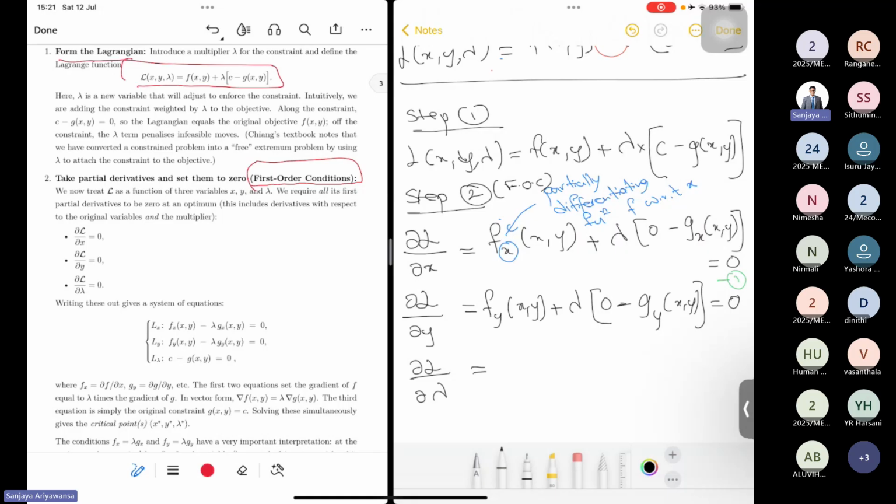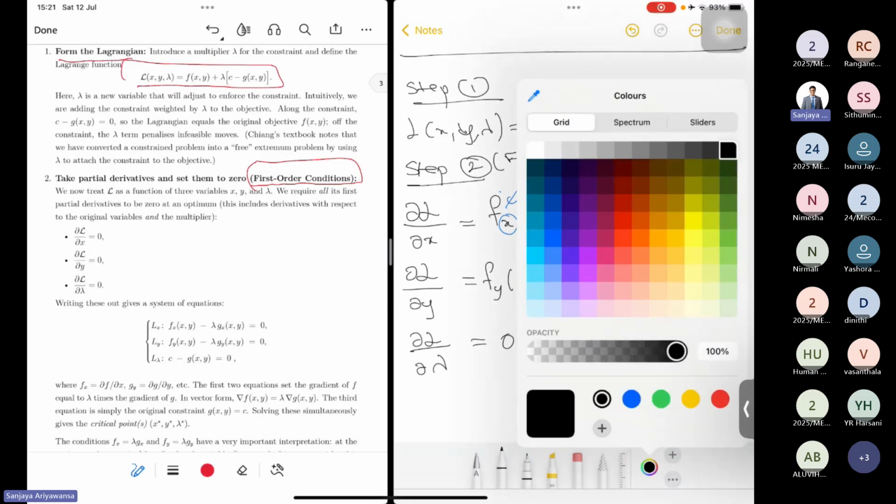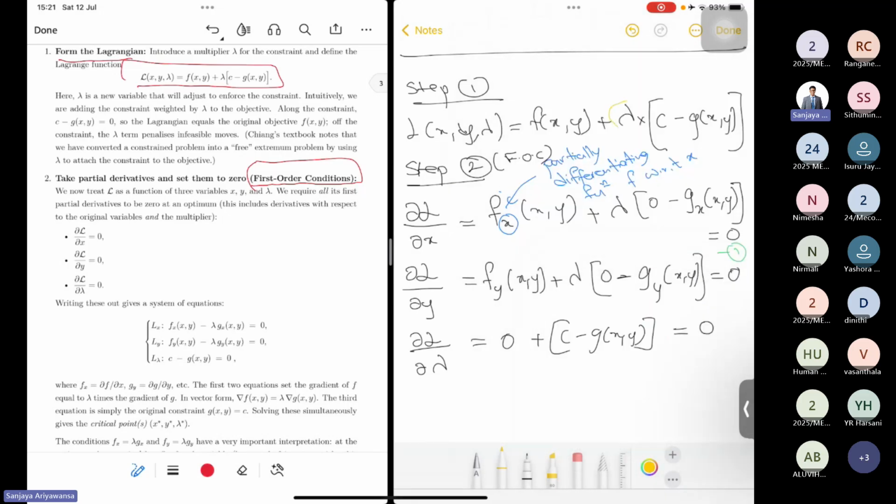Now the objective function does not have the lambda component, so that's 0, plus I have c minus g(x, y) times lambda, differentiated with respect to lambda is 1, and then I equate this to 0. So where do I have lambda? The only place I have lambda is only here. So if you remember the differentiating rules, this is a multiplication. So that's what I have used here.